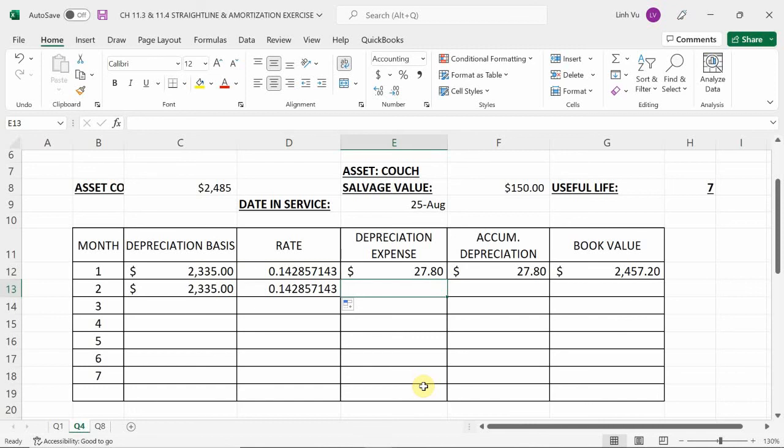That's for the whole year. Am I calculating for the whole year? No. 55.6. No.